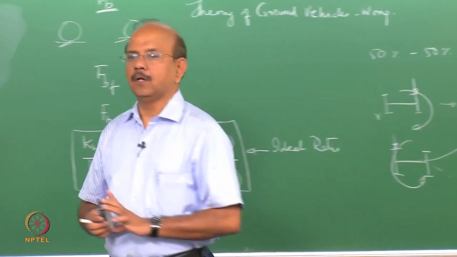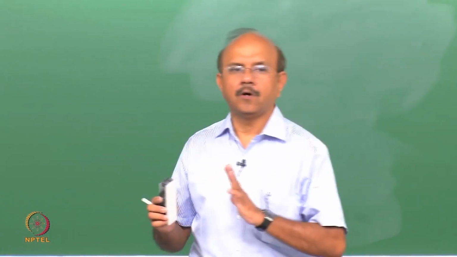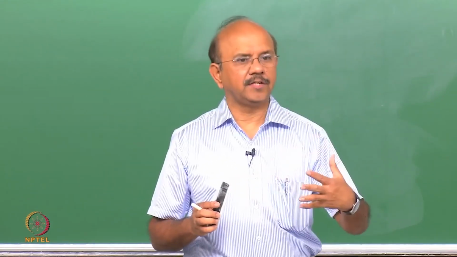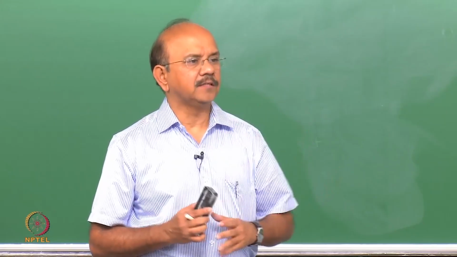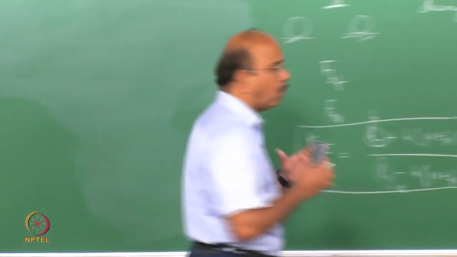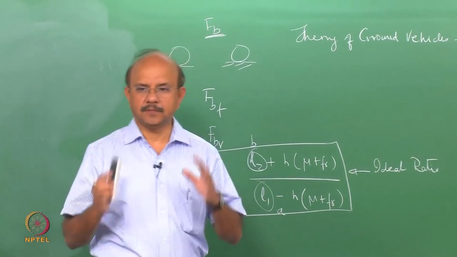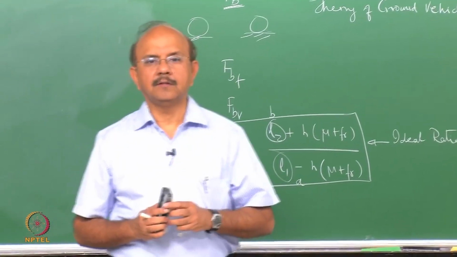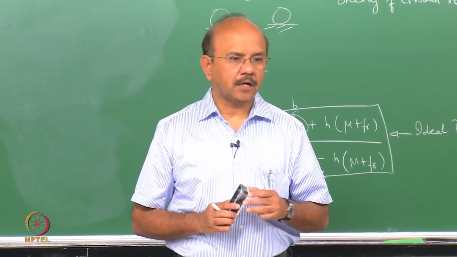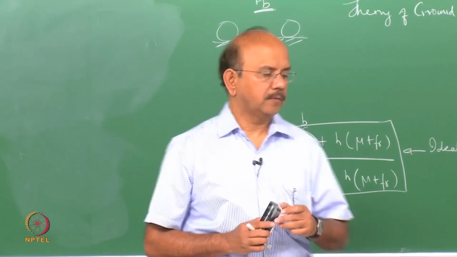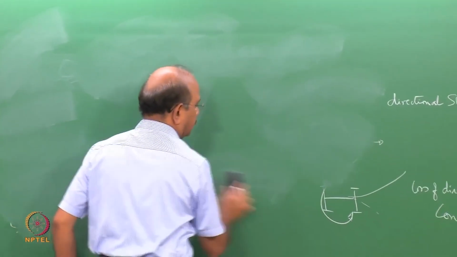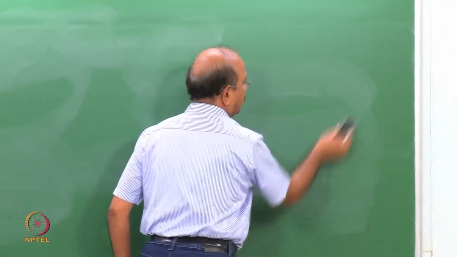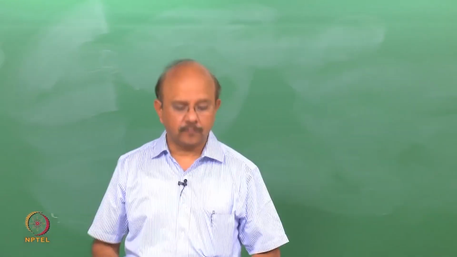Very important question, because ultimately brakes are judged by deceleration and, more importantly, the braking distance. In order to understand this, we need to understand what would be the deceleration level before the brakes start locking. Right. This is what we are going to do now. I am going to take two equations, equate them, and get what is called the maximum deceleration when the vehicle locks.